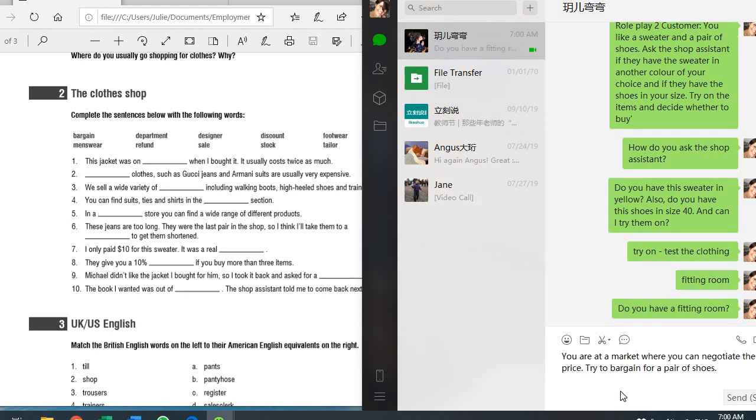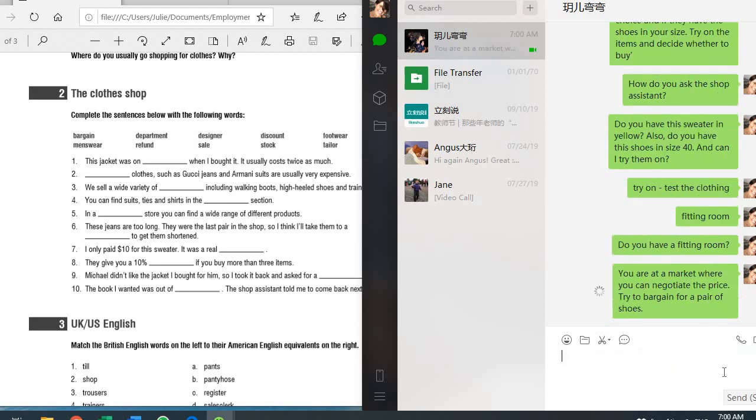Good. Okay, so let's practice with this one. This is a different one. You're at a market where you can negotiate the price. So we're at a market, let's say in Morocco or in South America, where you can negotiate the price, and you need to bargain for a pair of shoes. So you're going to try to negotiate the price for a bargain.